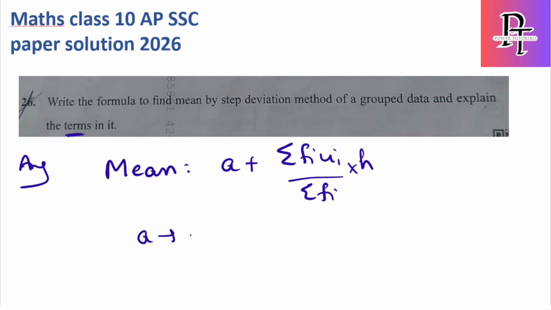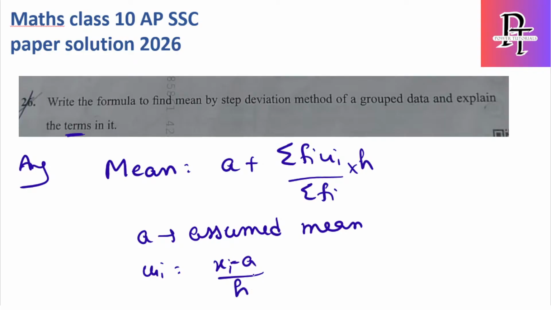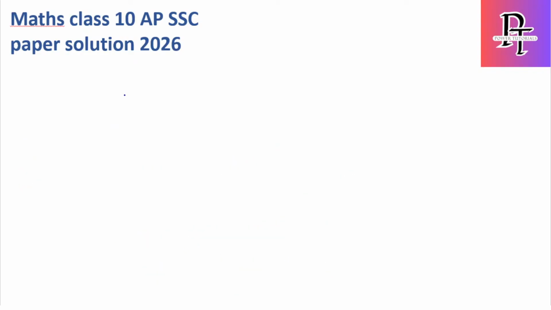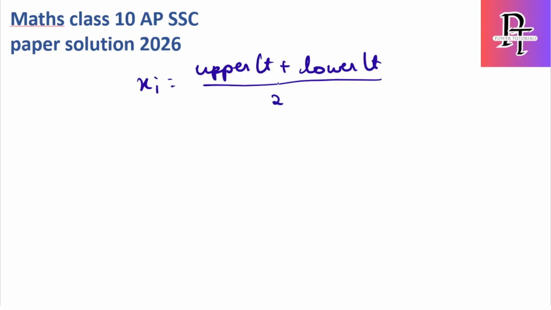A value is assumed mean. ui value is xi minus a by h, where xi is equal to upper limit by 2 plus lower limit by 2 for each interval.